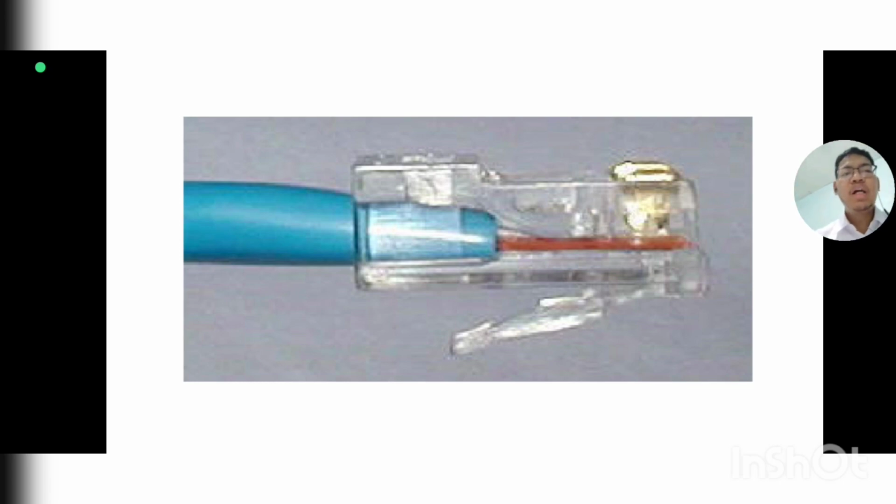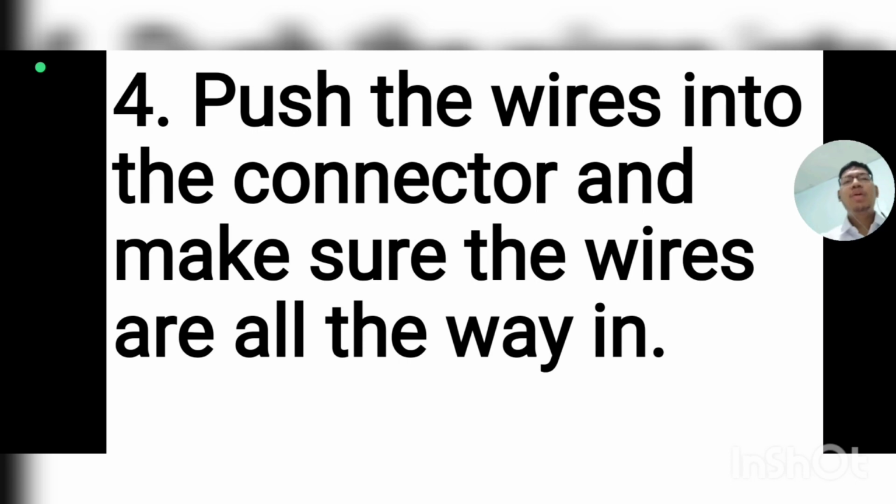Make sure that it fits our RJ45 and that it is the correct color when you insert it. Push the wire into the connector and make sure the wires go all the way in. Do you have any question about that? None. So let's proceed.